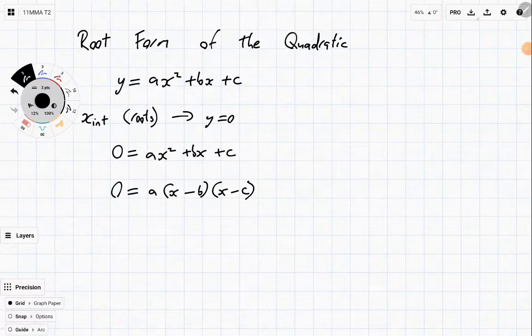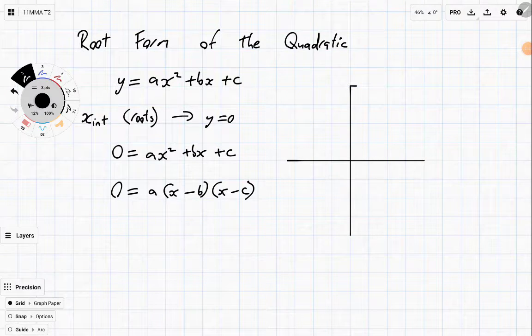From our knowledge, when we're thinking about a quadratic, we're thinking of some kind of shape like this, which could have two roots, or it could have one root, or in fact, it could very much have no roots at all.